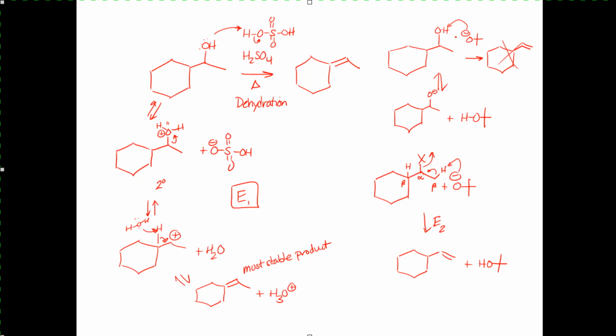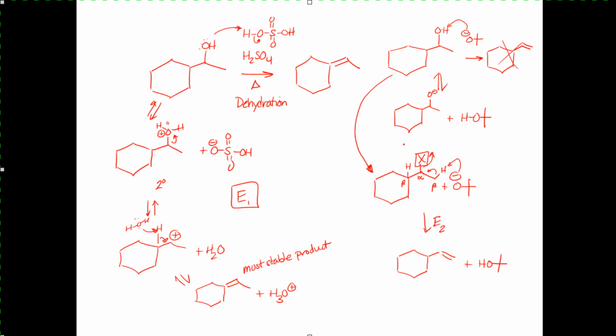But it wasn't an alcohol that I did this with. It was a halogen. So you might say, okay, if I want to convert this alcohol into the least substituted double bond, just go ahead and convert this alcohol into a halogen.